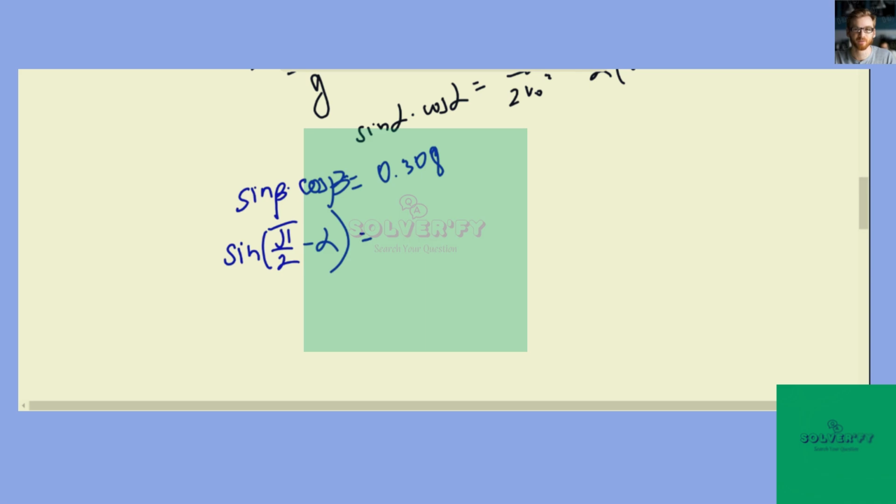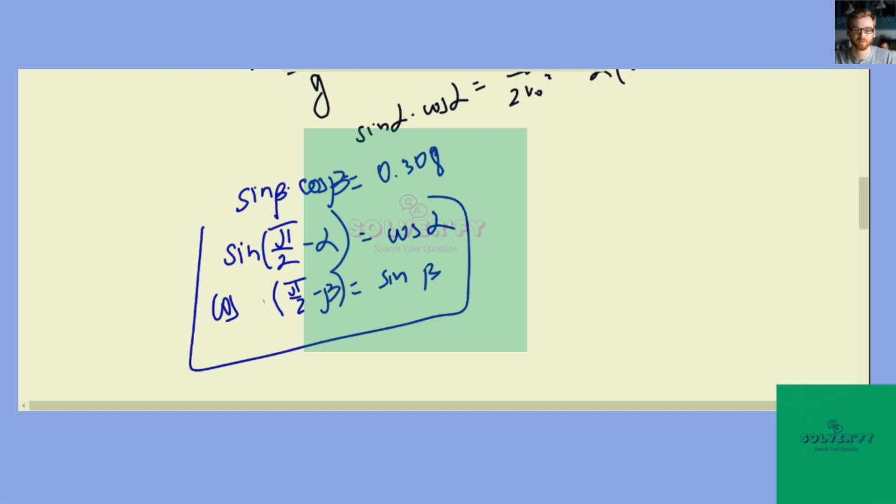So sine of pi over 2 minus alpha equals cosine alpha. And cosine of pi over 2 minus beta equals sine beta. So that's an important property.